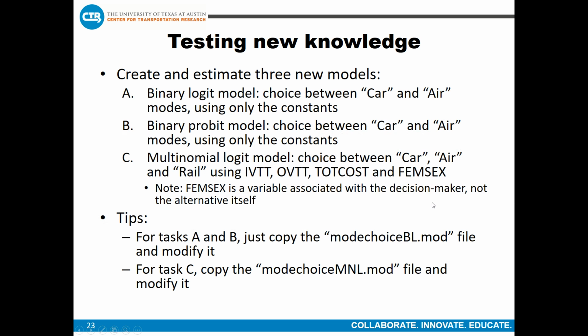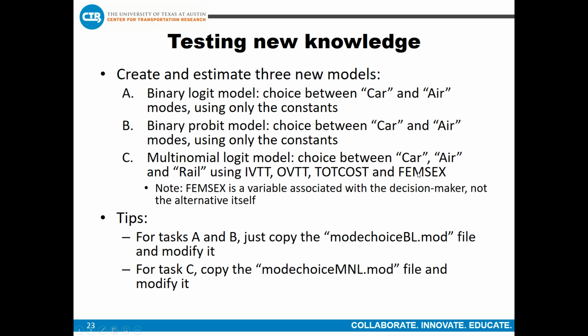Junbiao, now here is where we should pay attention to that question that you asked earlier today. Femsex is a dummy variable that indicates that the decision maker is a female. So this is a variable associated with the decision maker, not the alternative itself.